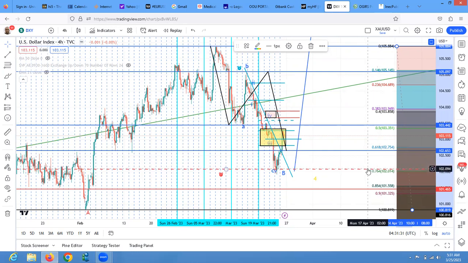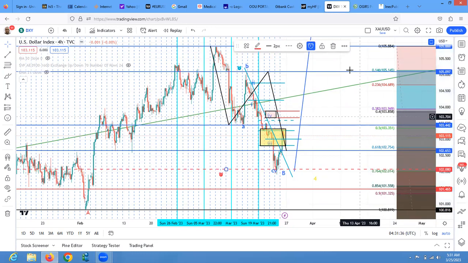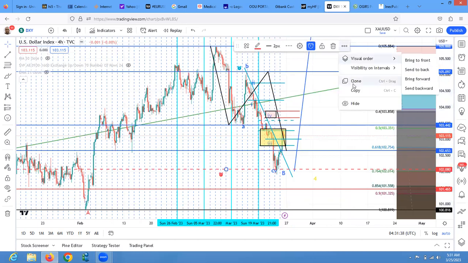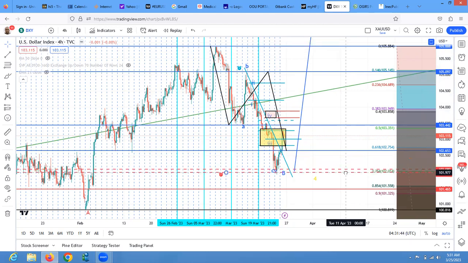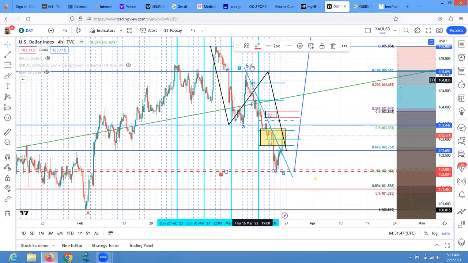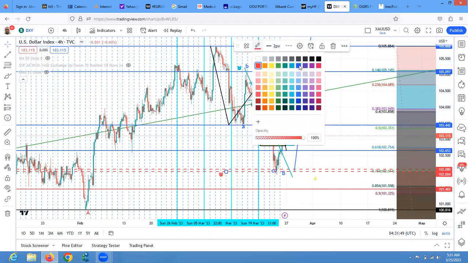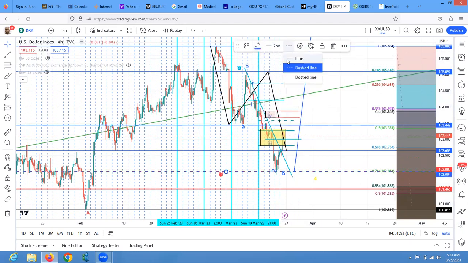Price made a reaction at 76. So price seems to probably have made a reaction at 76 and broke it a bit.